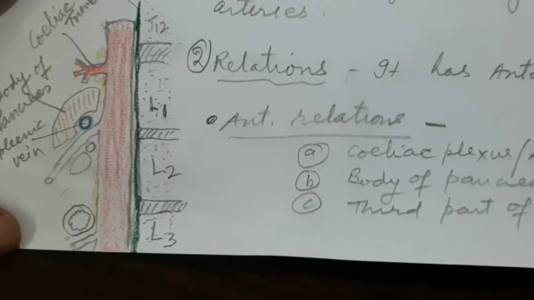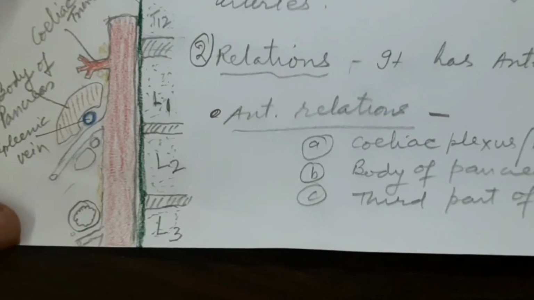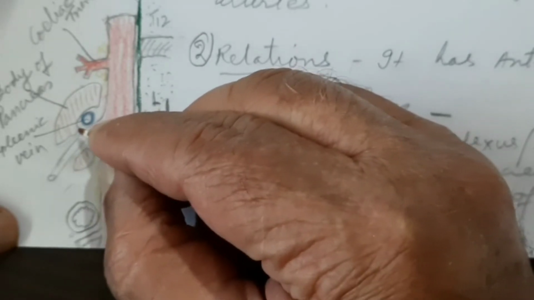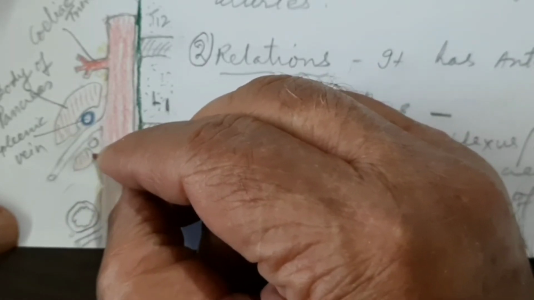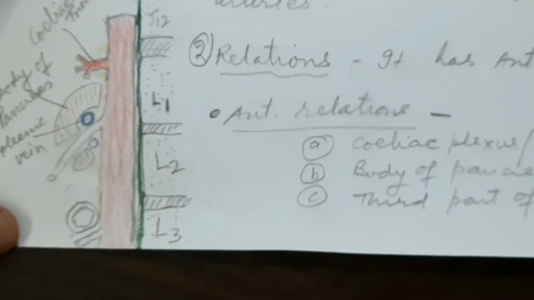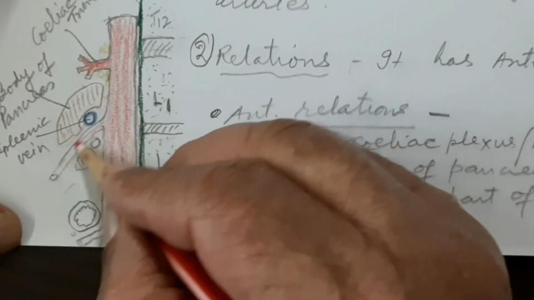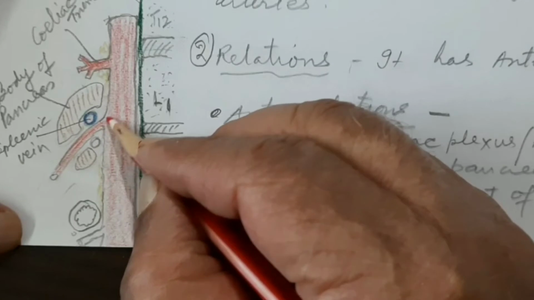Then there will be the third part of the duodenum which is also lying anteriorly. Beside this, let us see the uncinate process. This is the uncinate process. So between body of pancreas and uncinate process, this branch which is coming out, ventral branch from the abdominal aorta, is the superior mesenteric artery.